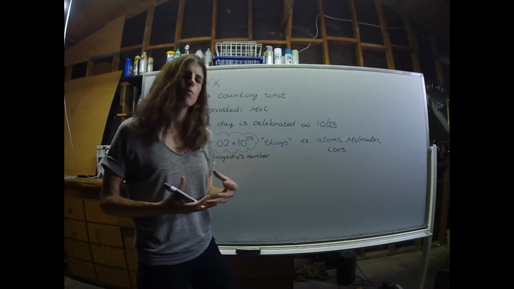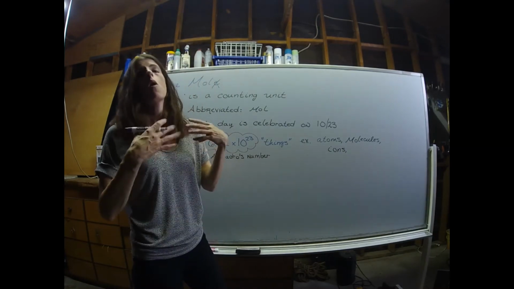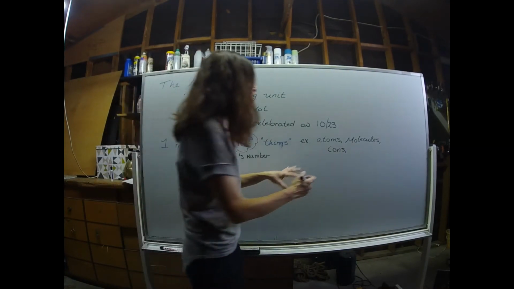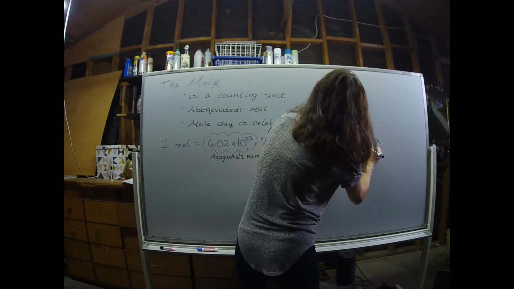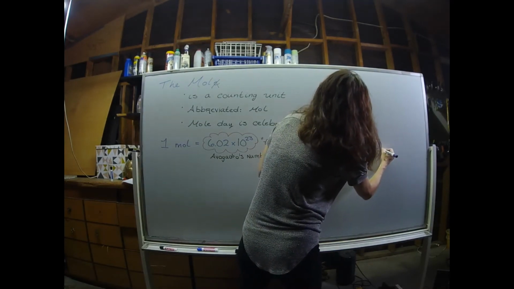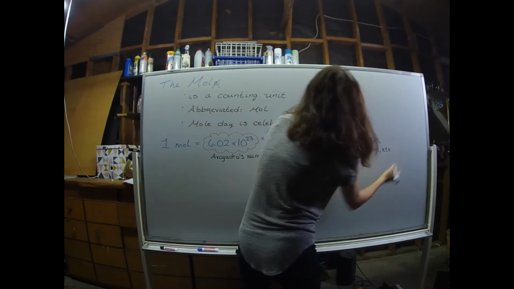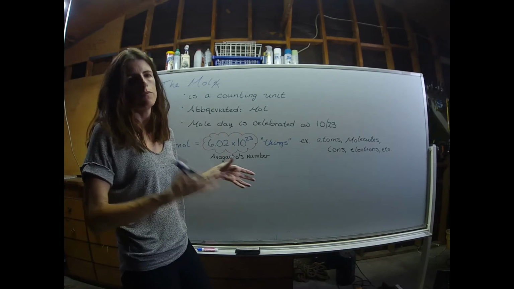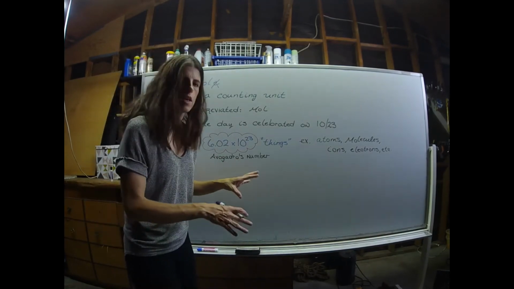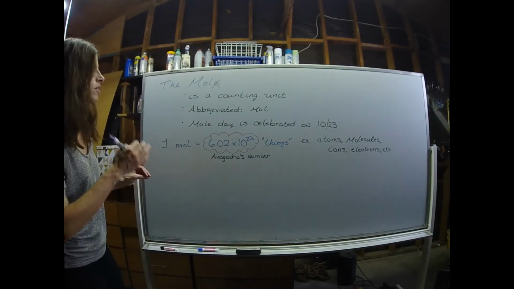I've seen problems where we have to consider a mole of electrons. So you get the picture here. As long as it's really small, we can use Avogadro's number as a counting unit. Let me explain a little bit more about the counting unit.